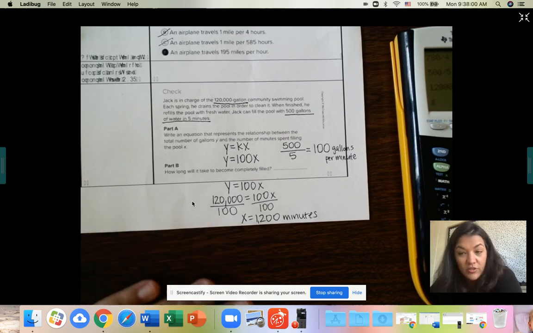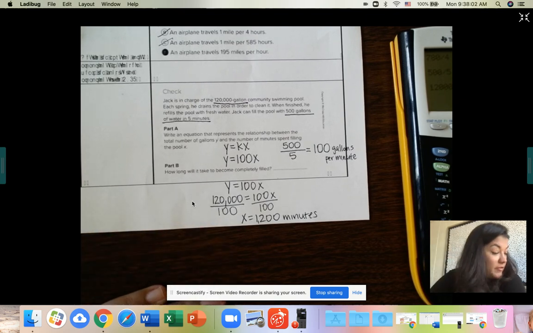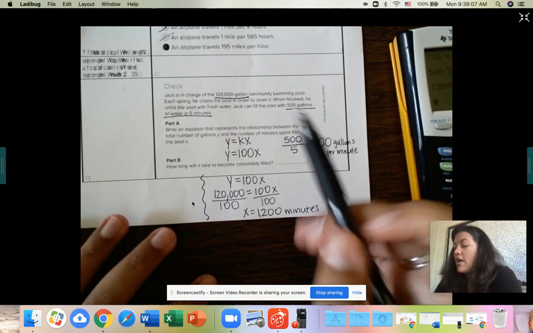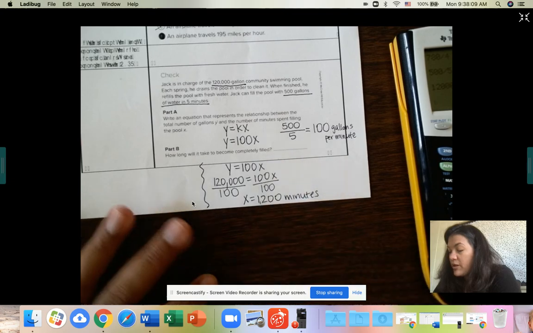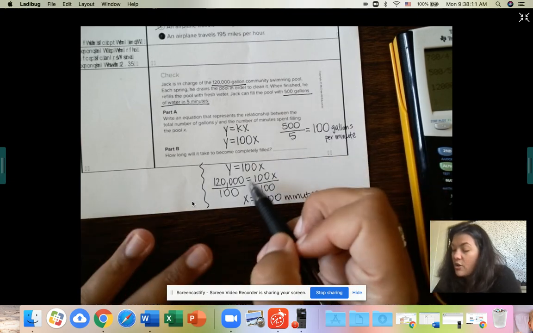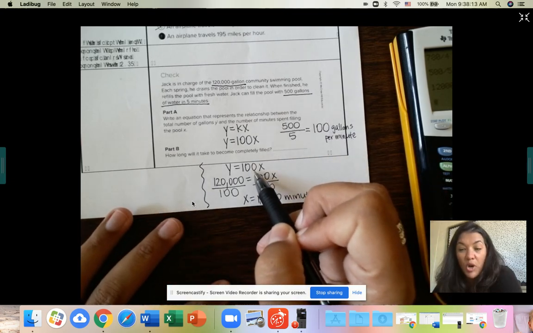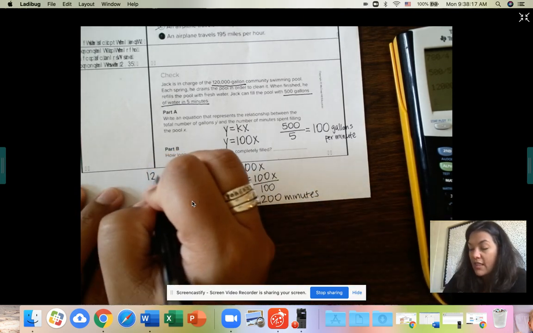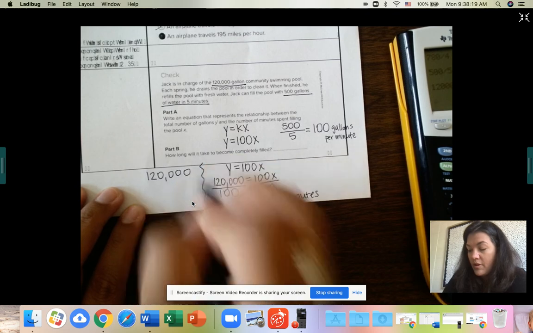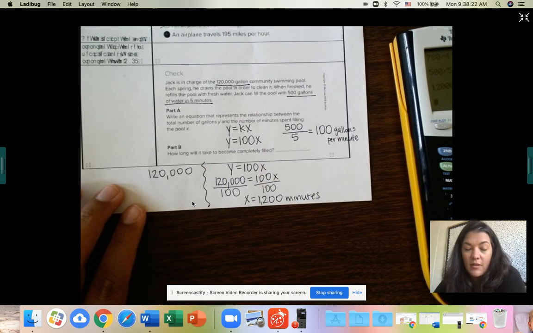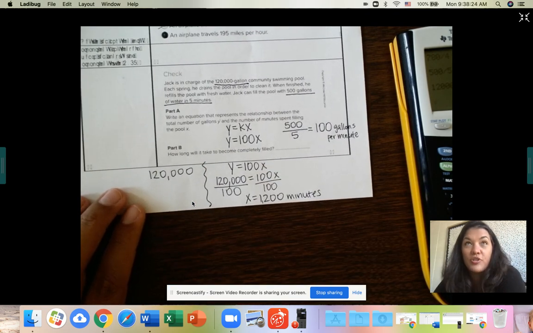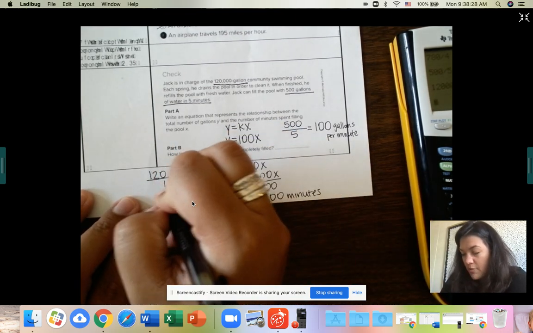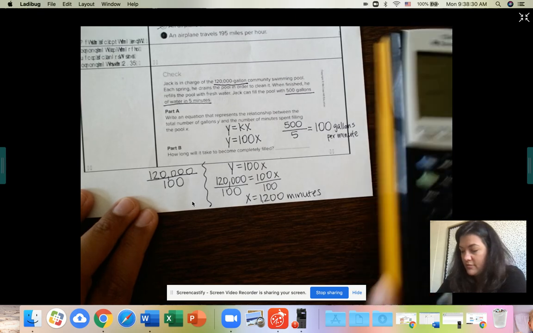Now, what if the equation confuses you? Okay, let me give you another way for you to be able to think about this. How long will it take for it to be completely filled? All right, if it's going 100 gallons per minute, if you take the number of gallons in the pool, 120,000, and divide it by how many can go in per minute, 100.